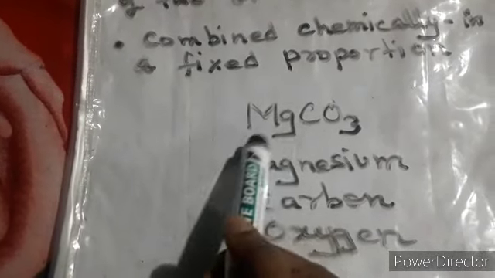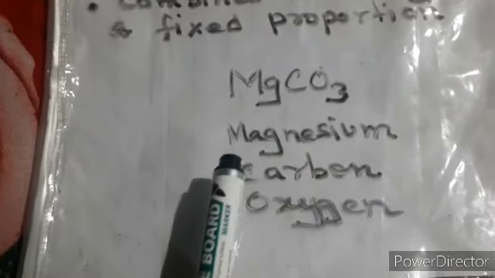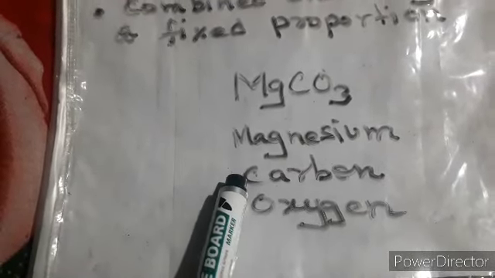So this is a compound because it is made up of two or more elements. Over here, how many elements are there? Three elements are there, right? They are also combining together in fixed proportions. And magnesium carbonate has very different properties when you compare it with individual magnesium, carbon or oxygen, right? So you have to keep these things in mind, that there are different examples of compounds.